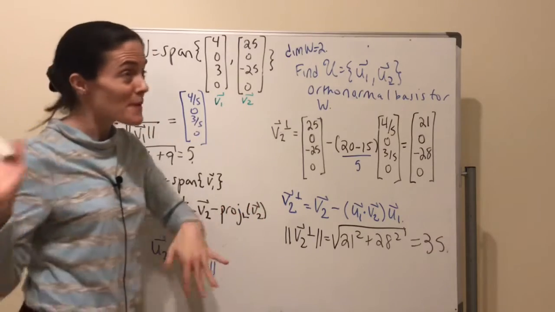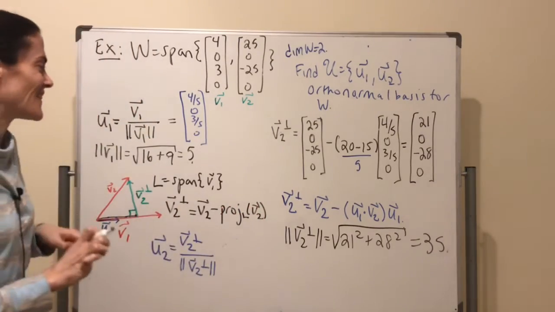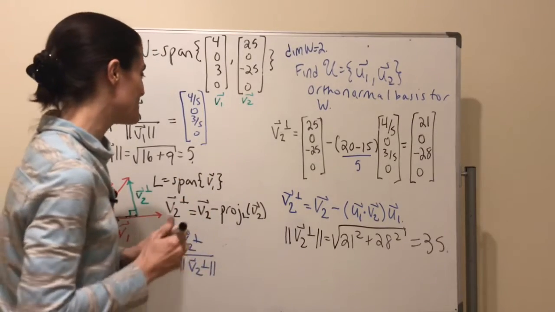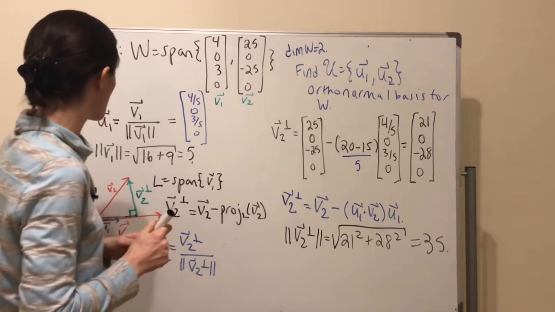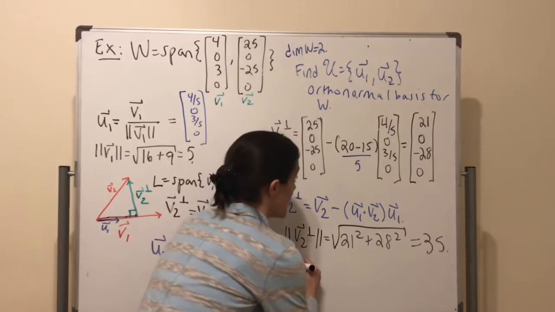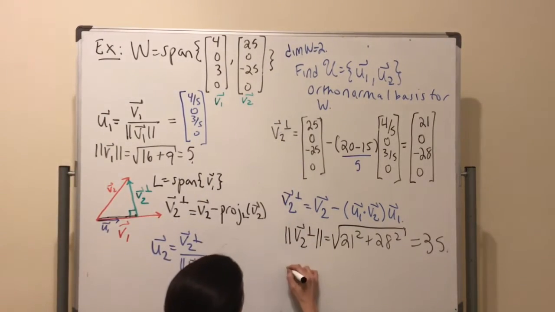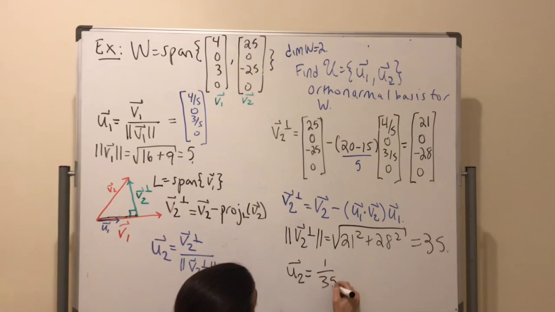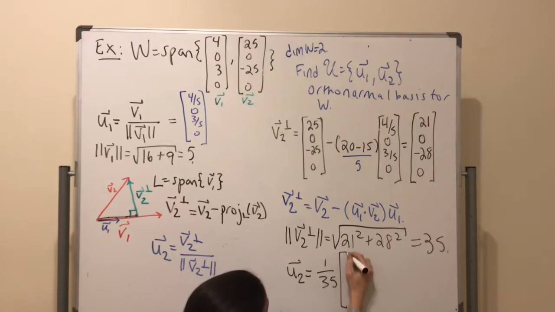I just remember it from my notes. That was definitely a calculation for me. The final step here is, we know U2 is 1 over 35 times (21, 0, -28, 0).